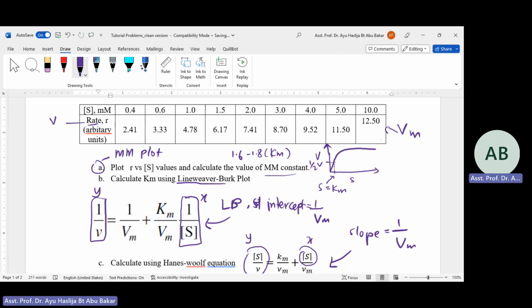Okay, so try to plot, because you need to know the steps. Before you plot, you need to know the steps. What is the info that you require?